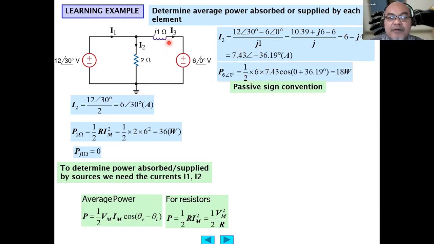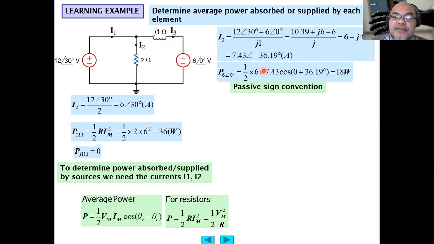The power absorbed by the 6 volt source: since the current enters from the positive pole, we know from passive sign convention that this voltage source absorbs power, not supplies power. So the power absorbed by the 6 volt voltage source equals half times the voltage times the current times cosine of the phase difference between the voltage and the current.